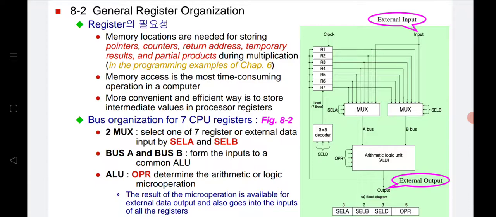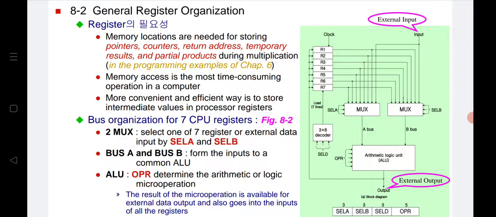The same thing happens in your processor also. In the processor, if the data is available in the registers, the time taken by the processor to read the data from the register will be very less when compared to the time taken by the processor to read the data from the memory.